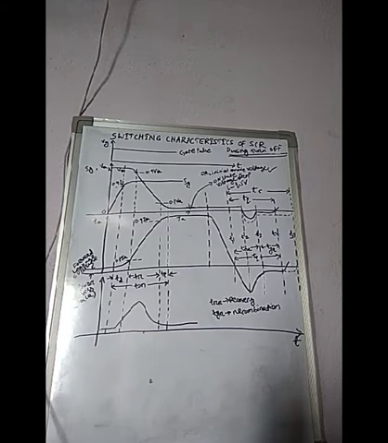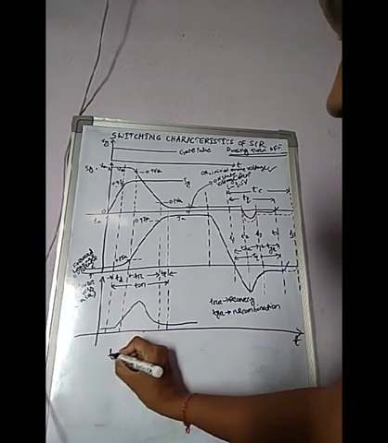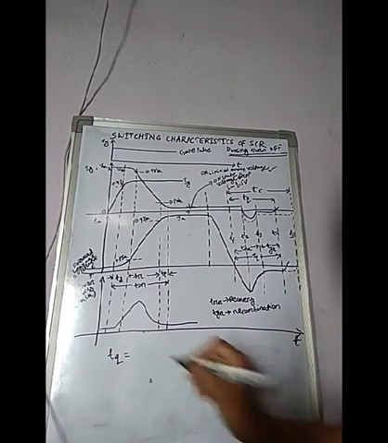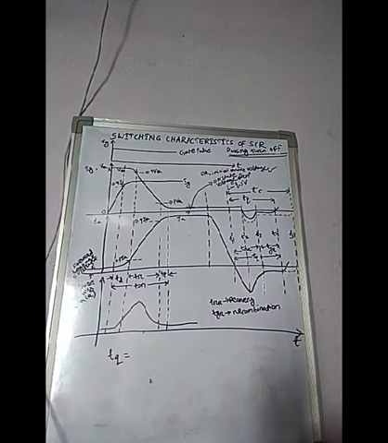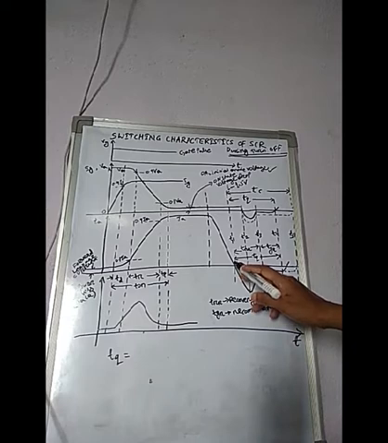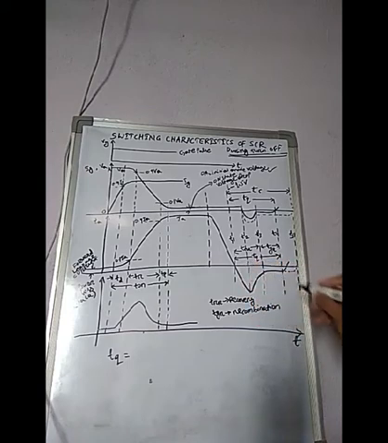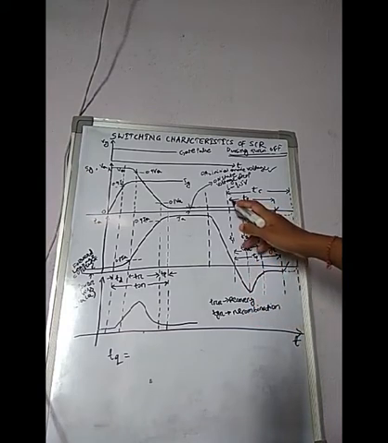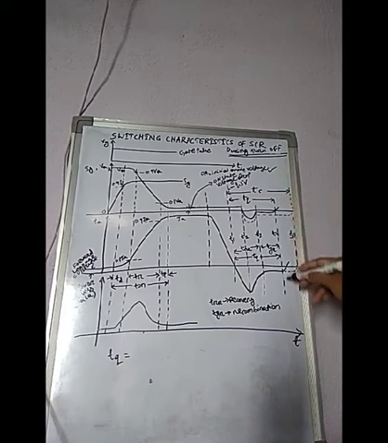Okay, so the turn off time TQ is defined as the time between the instant anode current becomes 0, here, and the instant SCR regains forward blocking capability. TQ, this is the instant where the SCR regains its forward blocking capability.